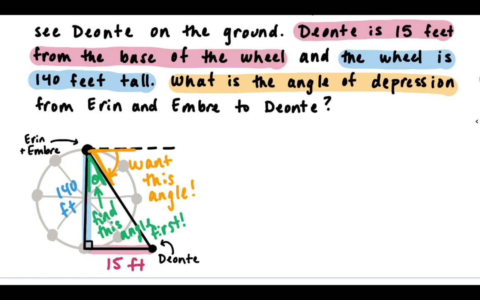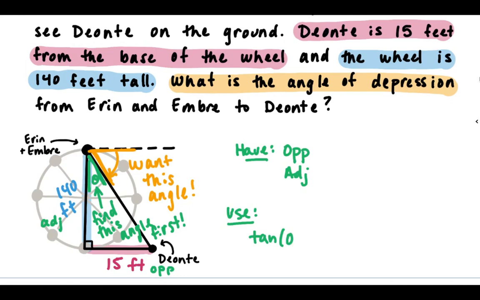So which sides do we have? For theta, we've got the opposite side and the adjacent side. So which trig ratio do we want to use? Which one has opposite and adjacent? Hopefully we come up with tangent is opposite over adjacent. Okay, so once we have that established, we can set up our equation.